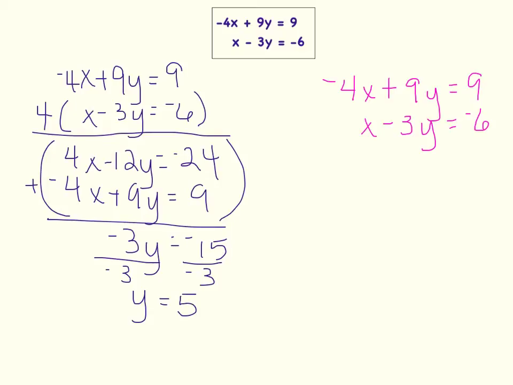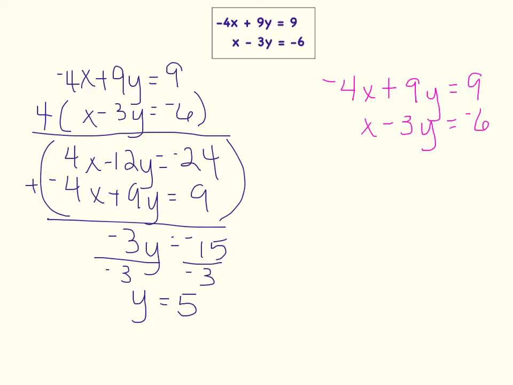Now at this time you have a choice. You can take the y equals 5, and now you can go to substitution, and you can substitute the 5 for a y value in one of the equations so that you can solve for x. Or you could continue with elimination. We could just try to eliminate, instead of eliminating the x, we can try to eliminate the y this time.